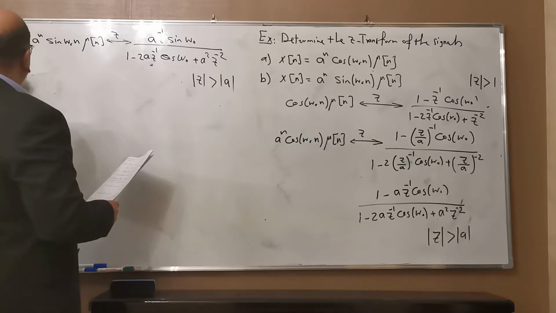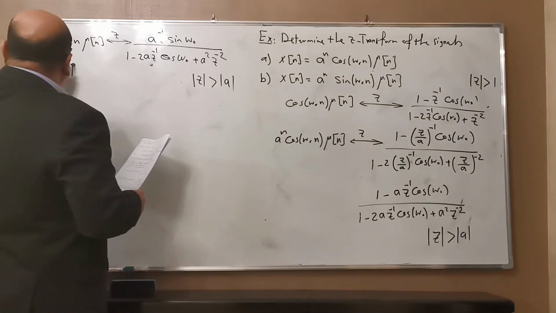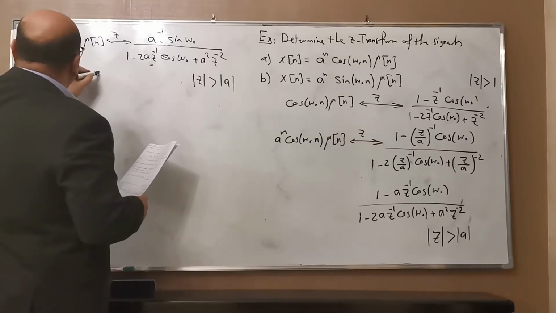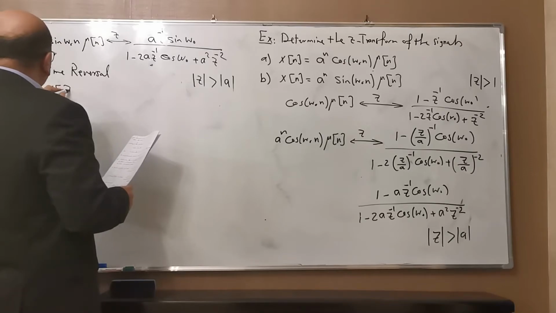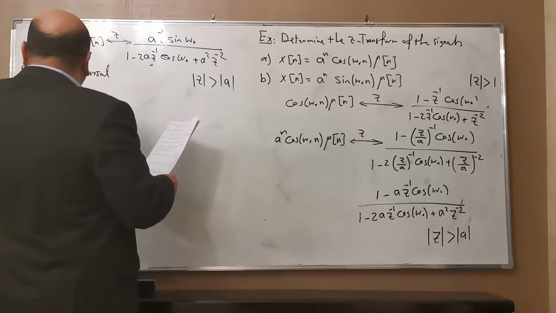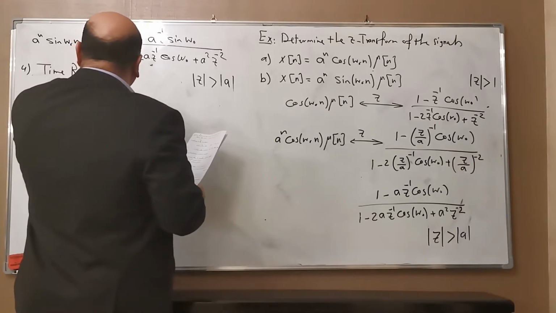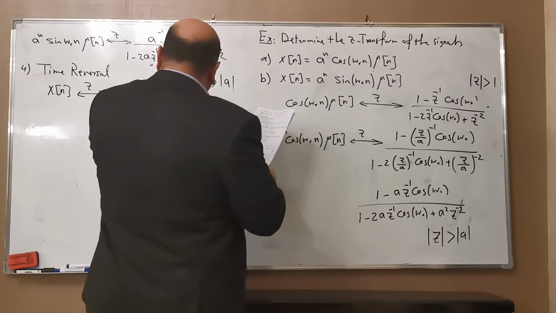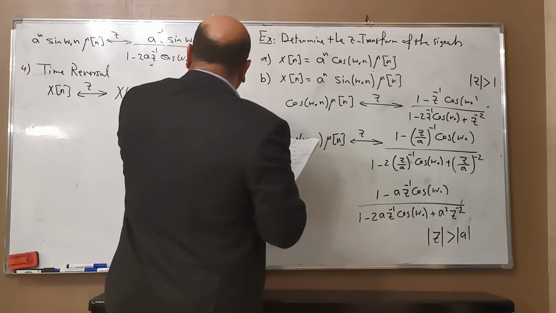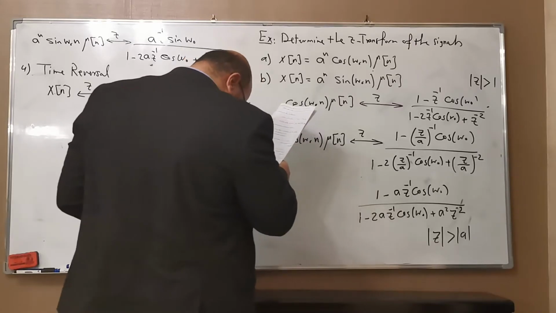Okay, property number 4 is time reversal. So we have x of n, which has the Z transform x of z, and the ROC, as we mentioned, magnitude of z greater than R1 and less than R2.